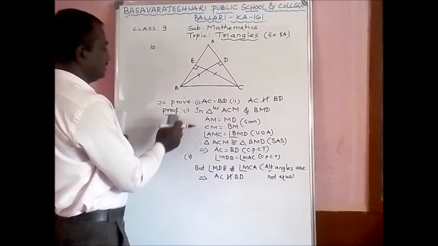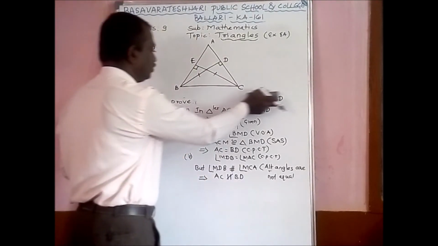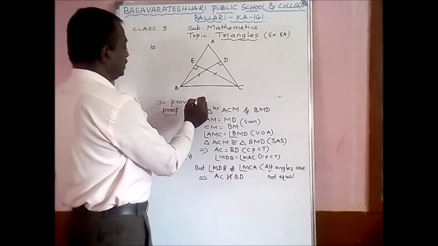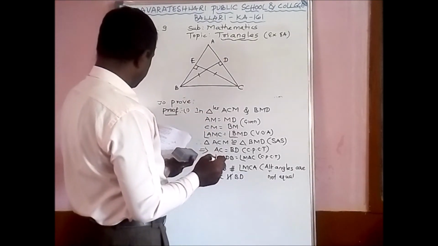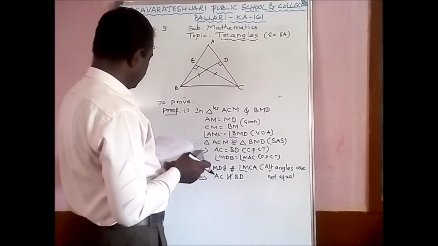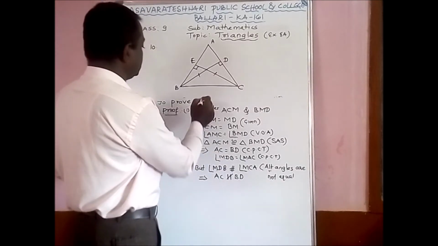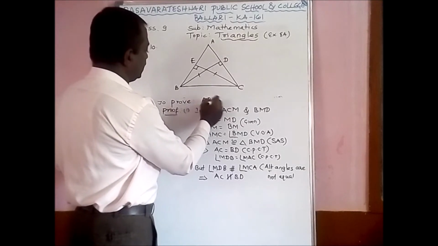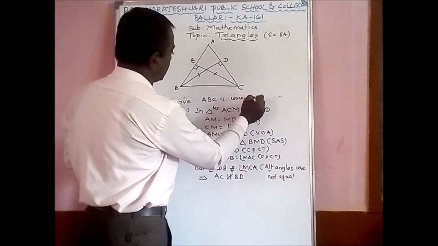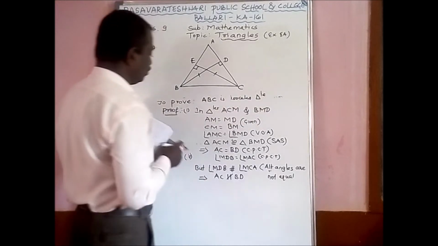So what do you have to prove here? You have to prove that ABC is an isosceles triangle.